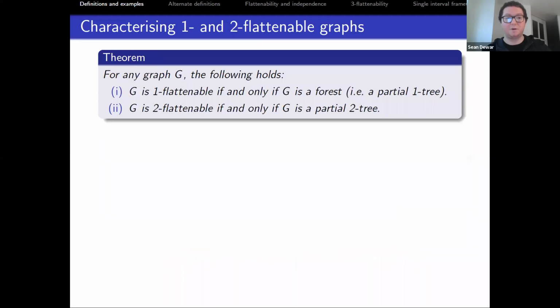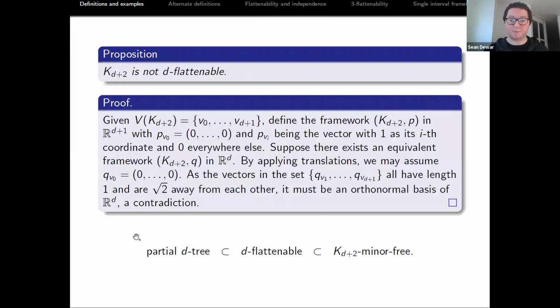Okay, so characterizing 1-flattenability and 2-flattenability. 1-flattenability is very easy. A graph is going to be 1-flattenable if and only if it's a forest, i.e. a 1-tree. A partial 1-tree is a forest, so they're the same thing. This is easy to see, because a partial 1-tree you can very quickly see as a forest, because all you're doing is taking copies of K2 and gluing them together.